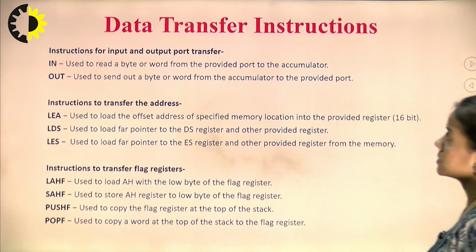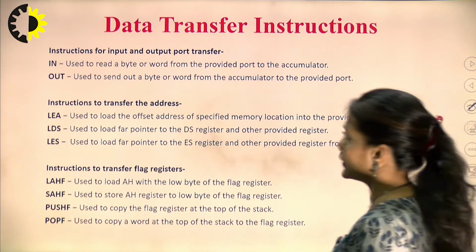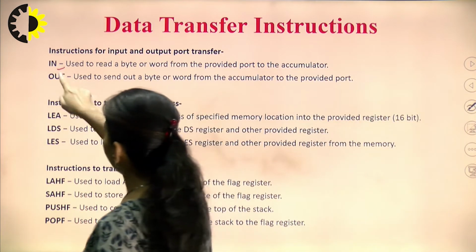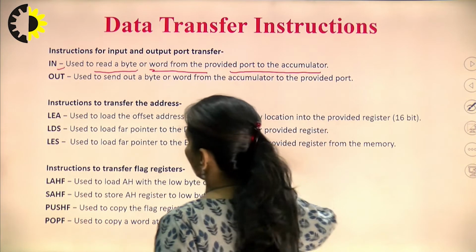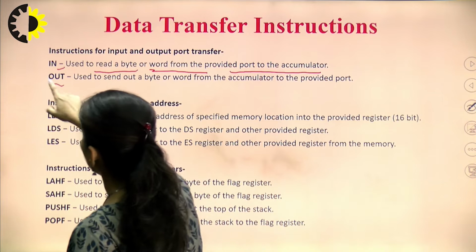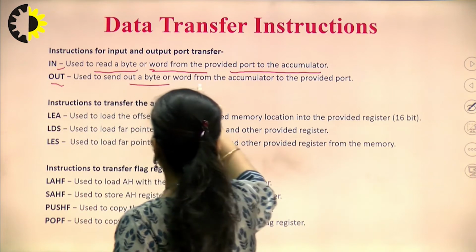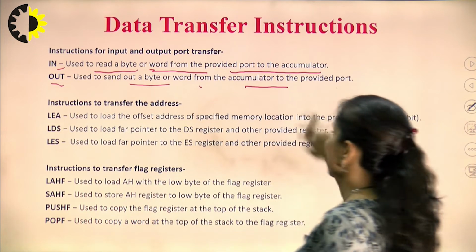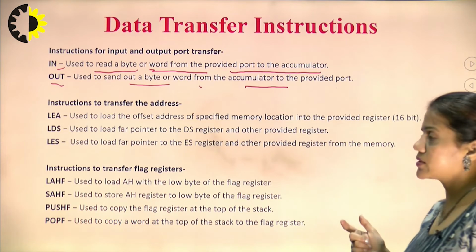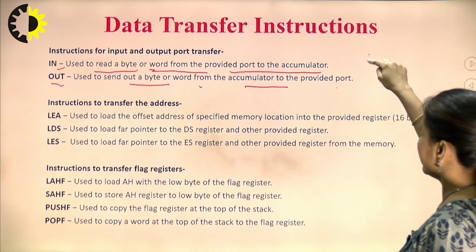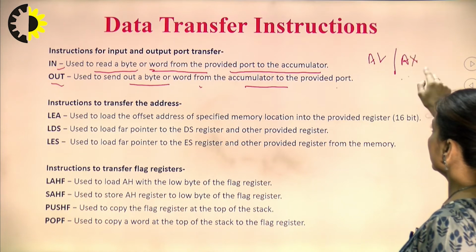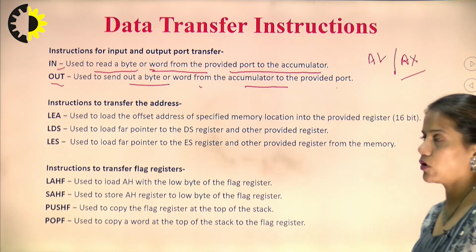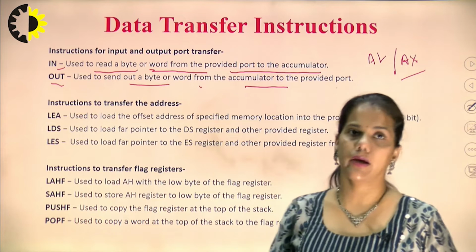The next instructions in the data transfer category are IN and OUT. IN is used to read a byte or word from the provided port to the accumulator. OUT is used to send out a byte or word from the accumulator to the provided port. So here, in both cases, the accumulator is one of the operands and the other one is the port address.